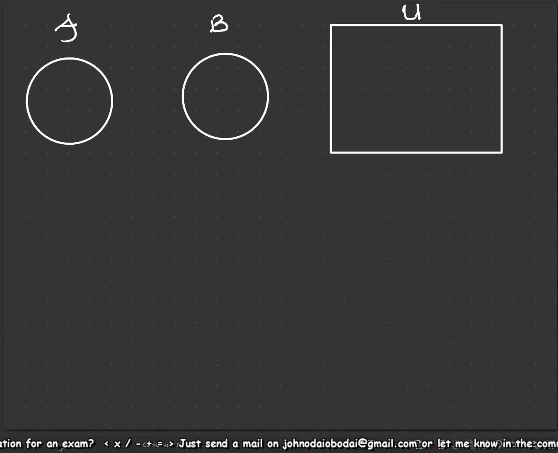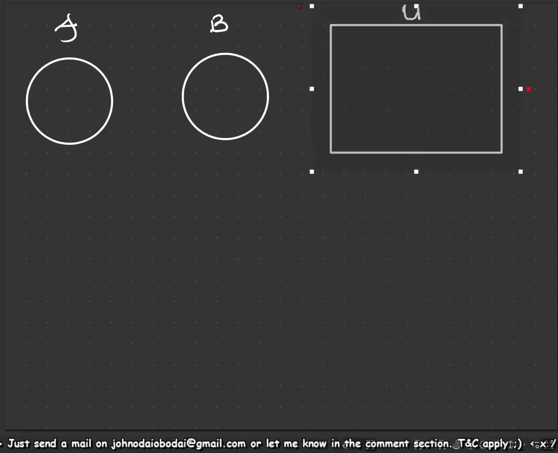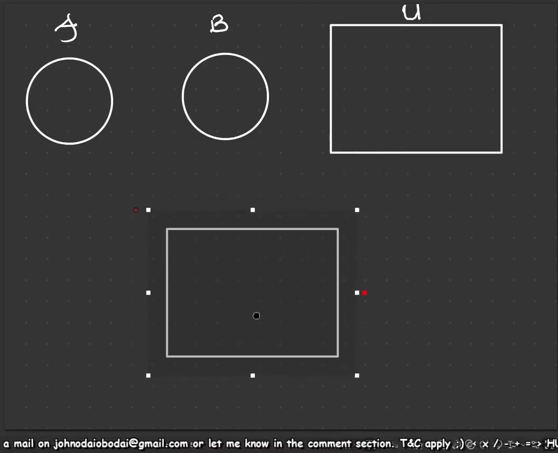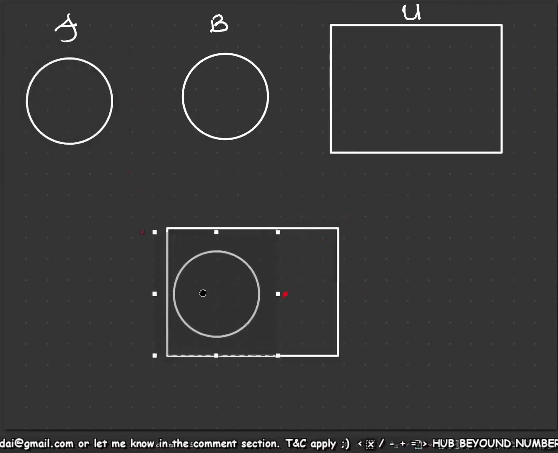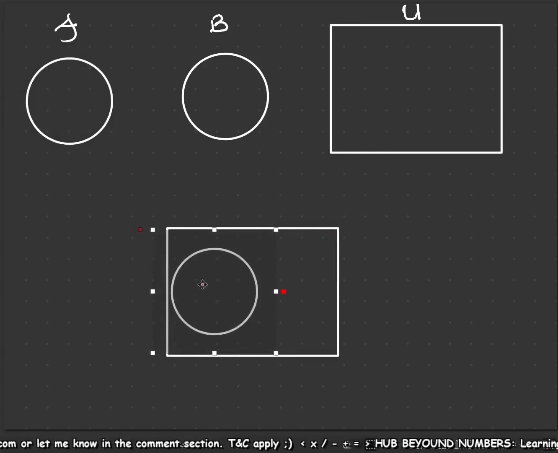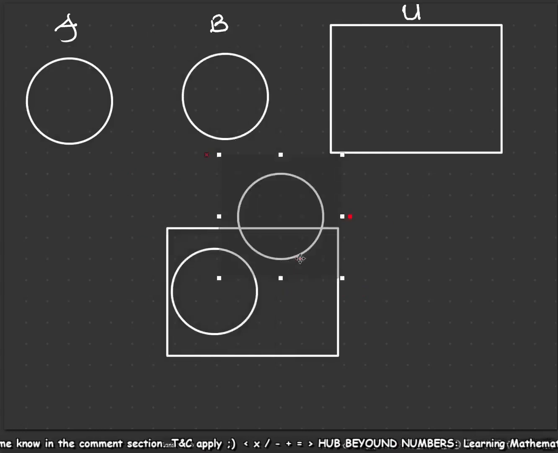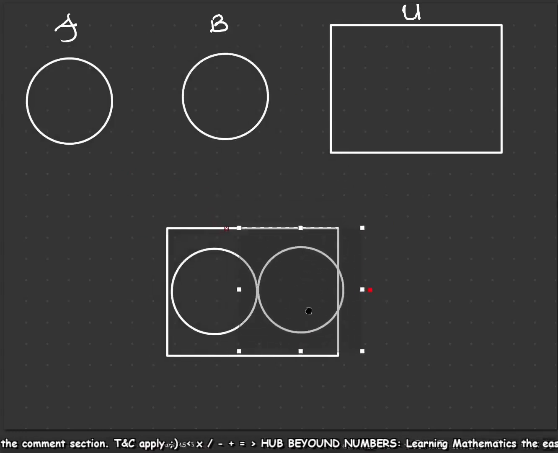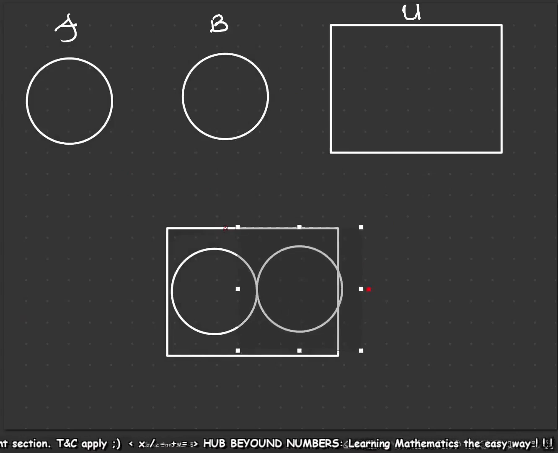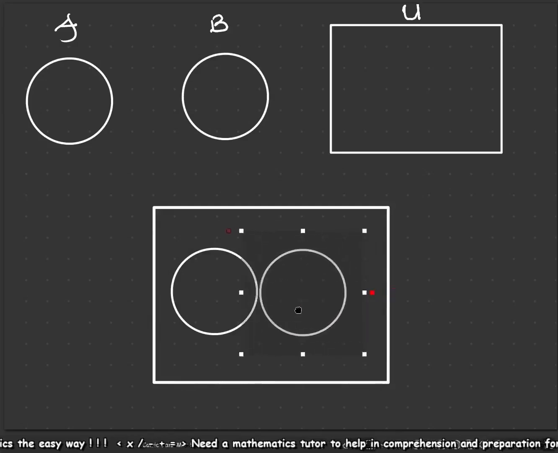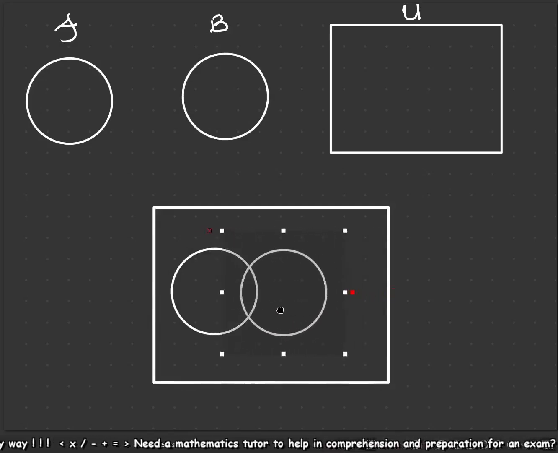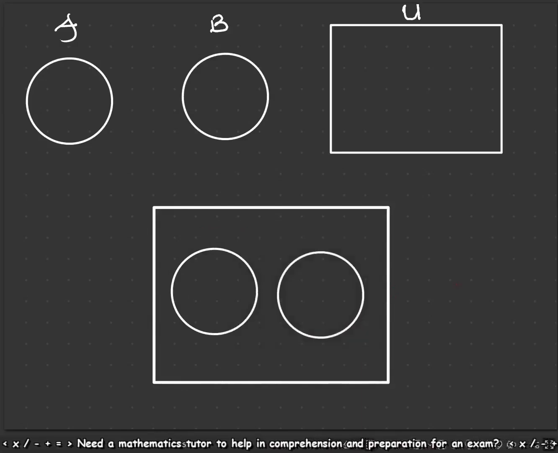So once again, we have our set A and set B. If they don't have elements in common, then this is our universal set over here, and A comes to be at one portion of it, whilst B also comes to be at another portion. I'll have to make the universal bigger. So something like this. And as you can see, there is no overlap.